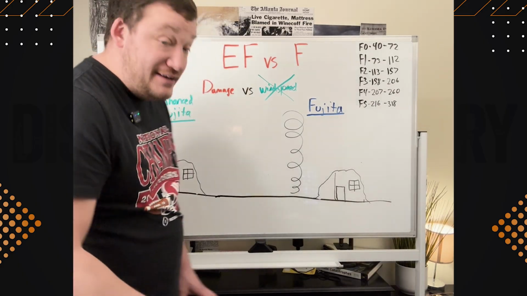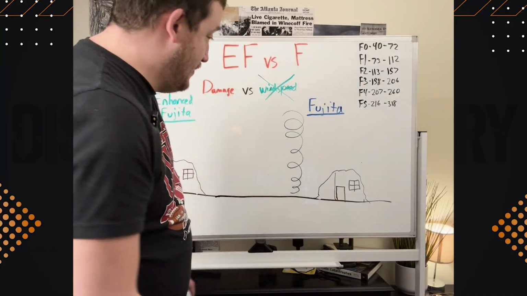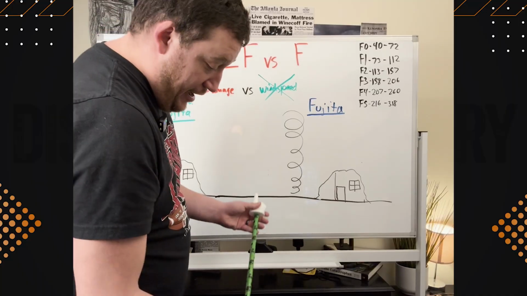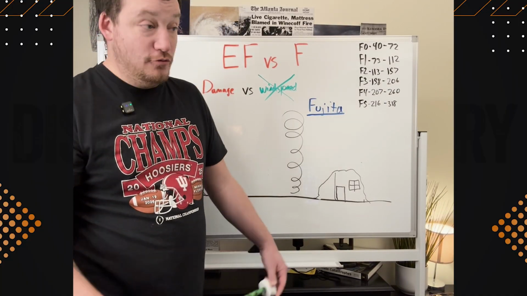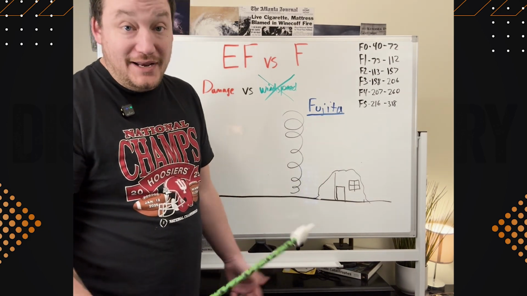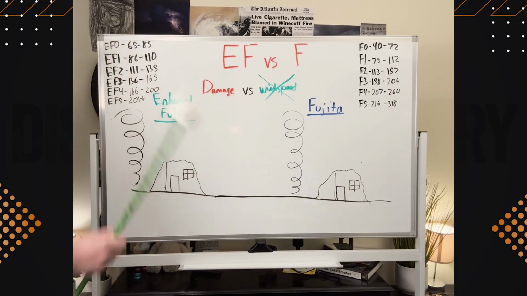And with the addition of all of those degrees of damage and damage indicators, instead of having places like that have mobile homes or trailers or trees that can receive an F5 rating or an F4 rating, the highest you can get for a mobile home park is an EF3, a low-end EF3.